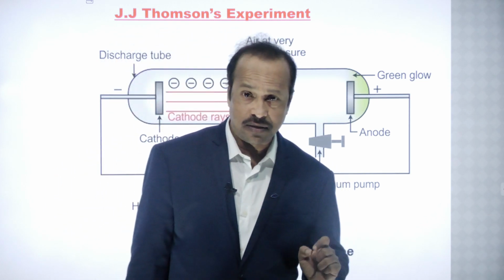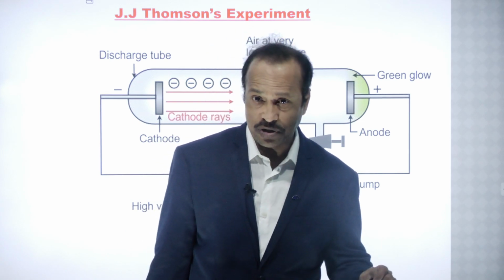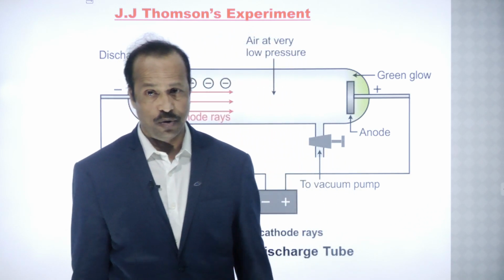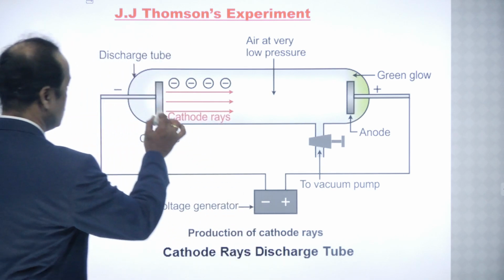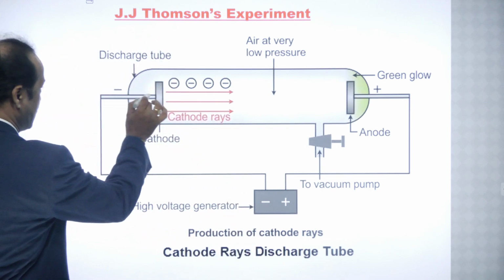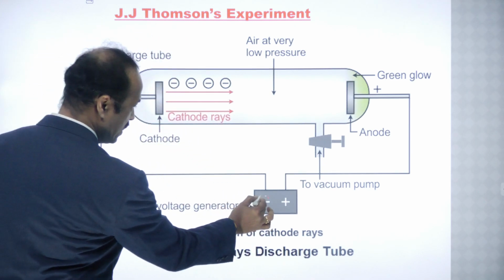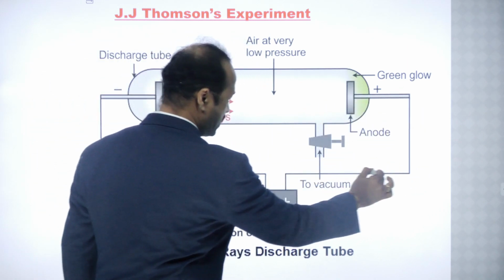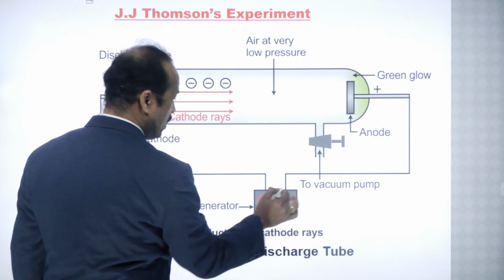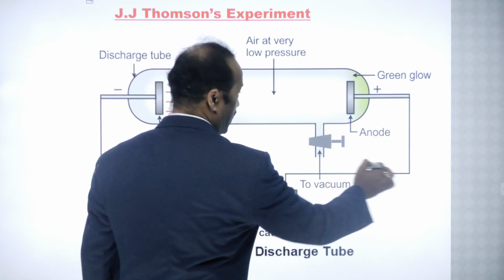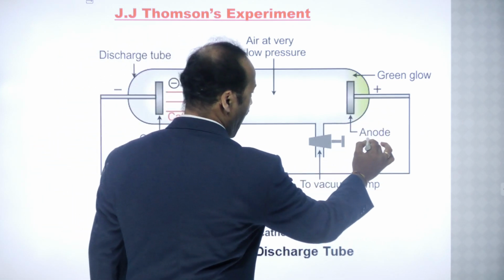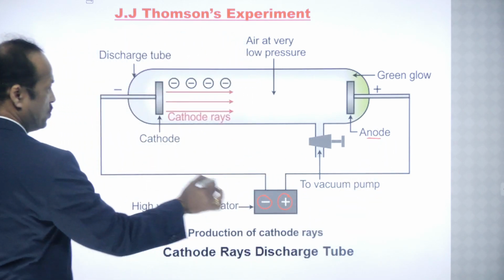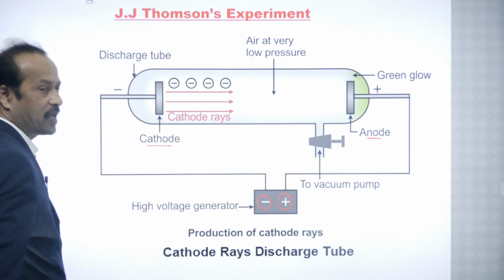An electrode which is connected to the positive terminal is called the anode. So the positively connected electrode is called anode and the negatively connected electrode is called cathode.